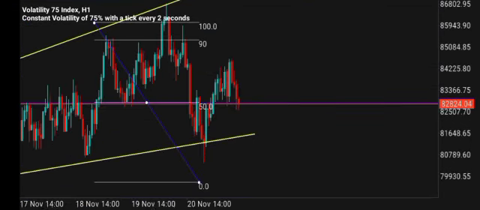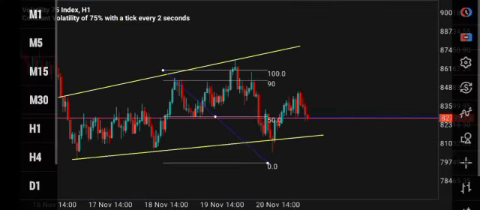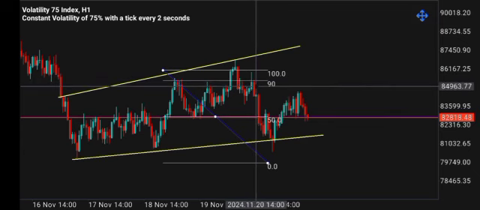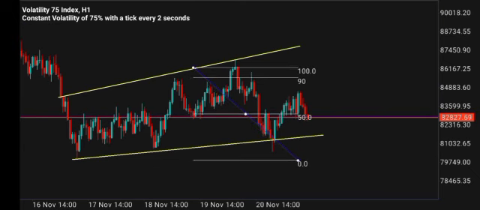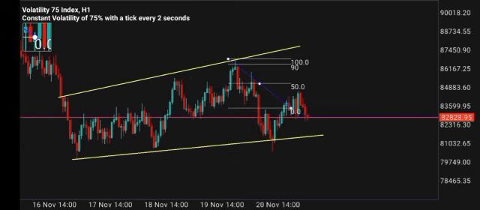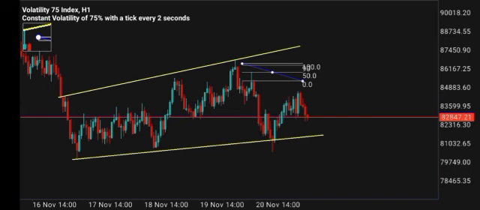Okay, and how do you set your stop loss when the market is rejected with a strong wick? Let me just delete this. So let's say the market is here right now and it is rejected and it's this red candle. Where do you want to set your stop loss? Get this Fibonacci tool and place it on this wick.